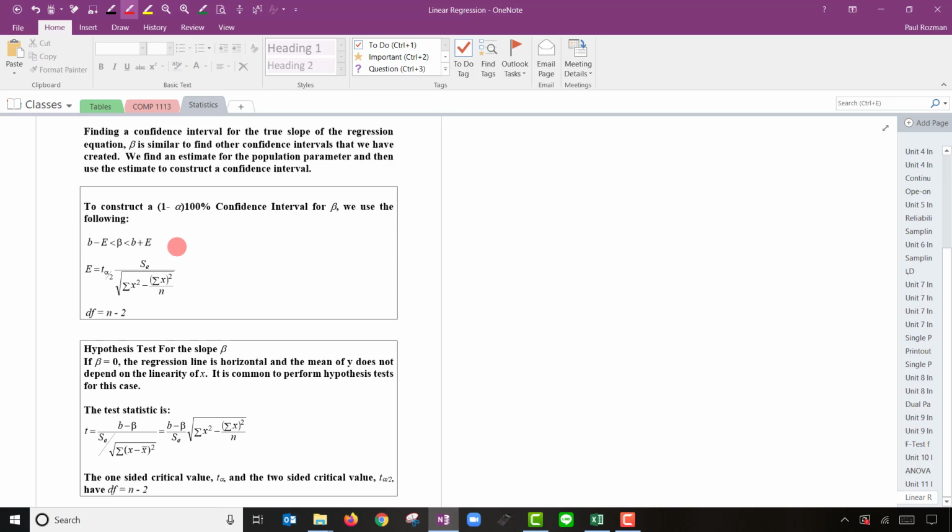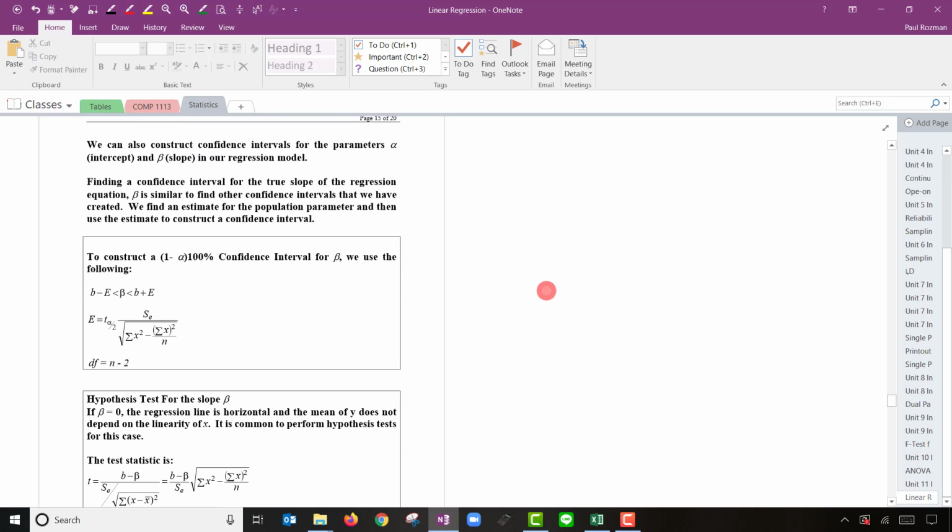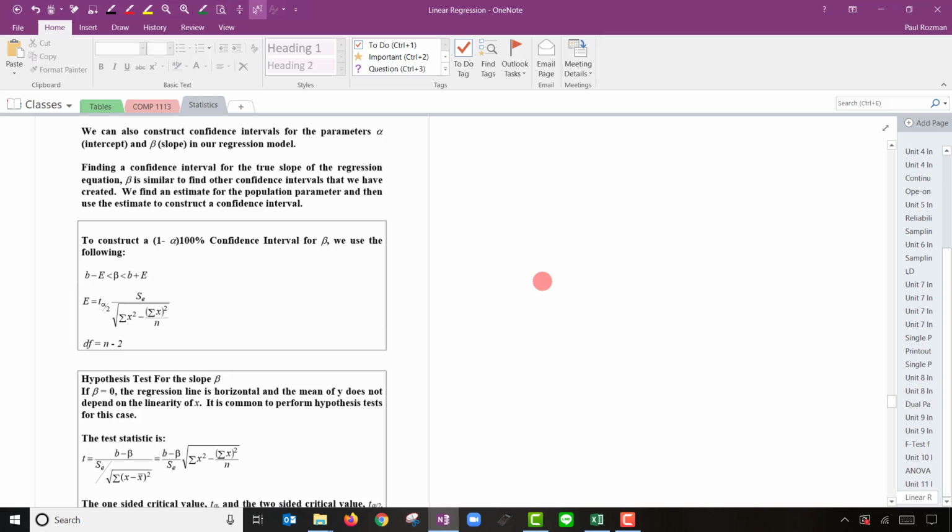Here are the formulas for the slope parameter. I find that one to be more interesting than the intercept. I don't really care what the intercept of my line is, but if the slope is 0, that's really bad.